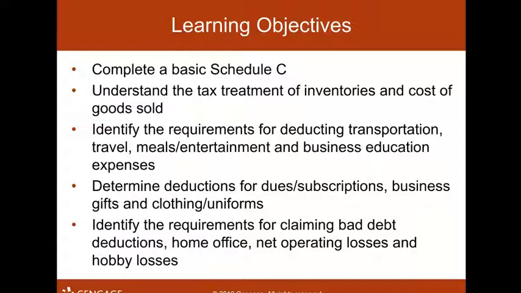Then determine deductions for dues, subscriptions, business gifts, and clothing and uniforms, which is merely another set of business expenses. Identify the requirements for claiming bad debt deductions, home office, net operating losses, and hobby losses.